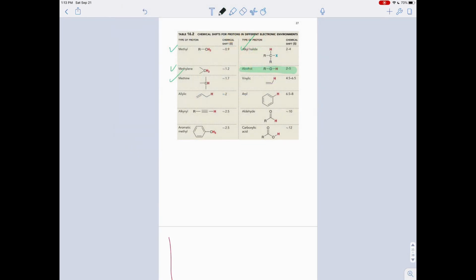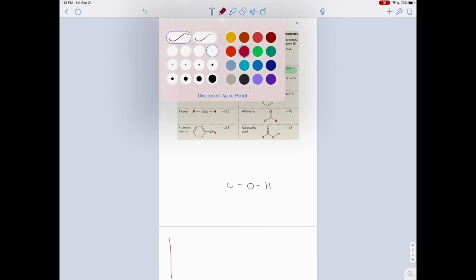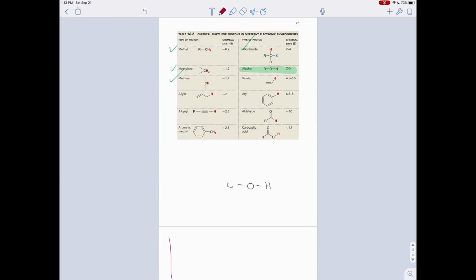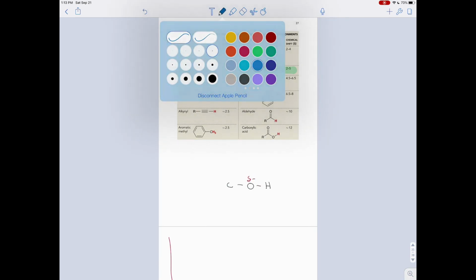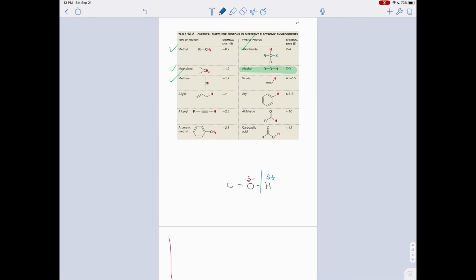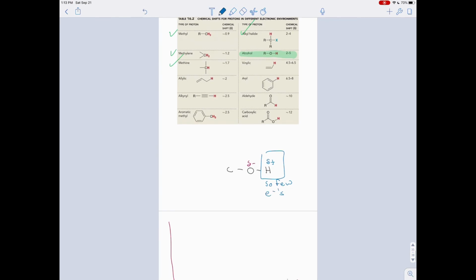We have that same, instead of having the hydrogen on a carbon, we have it on an oxygen. Oxygen is so electronegative, it pulls the electrons to itself. It becomes slightly negative and the hydrogen becomes slightly positive. The hydrogen has so few electrons around it, or I should say electron density.